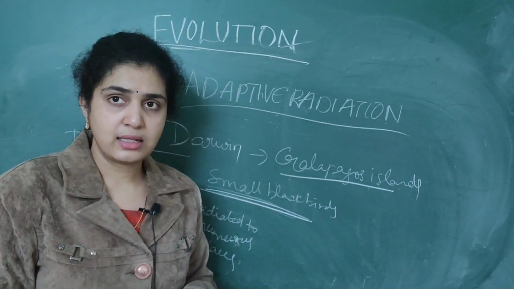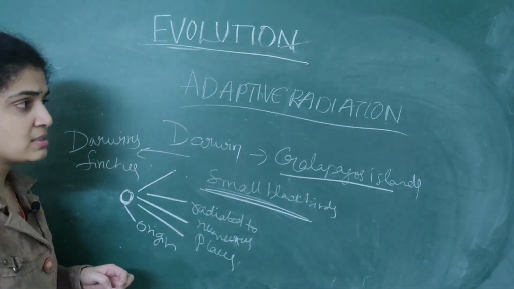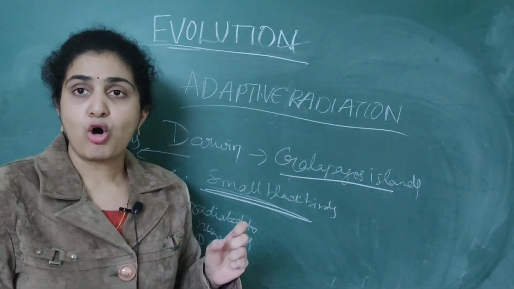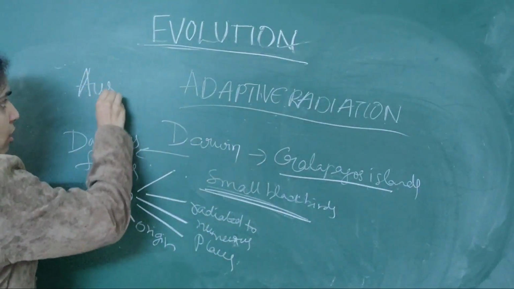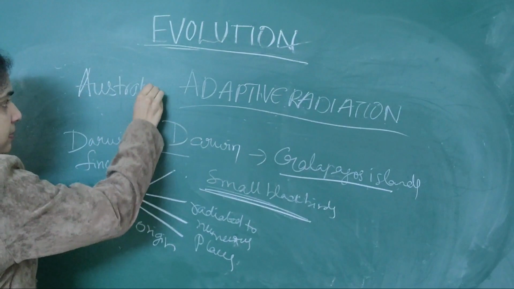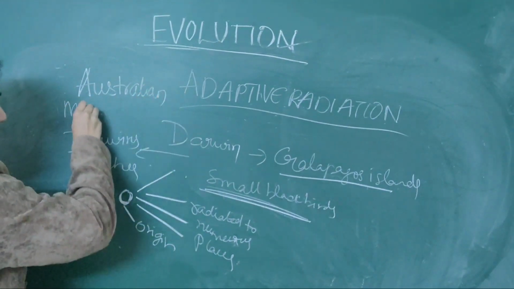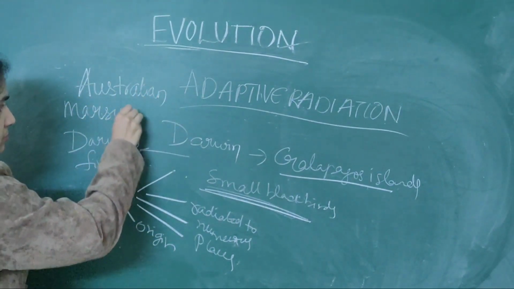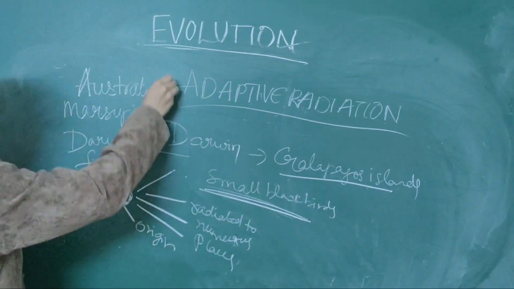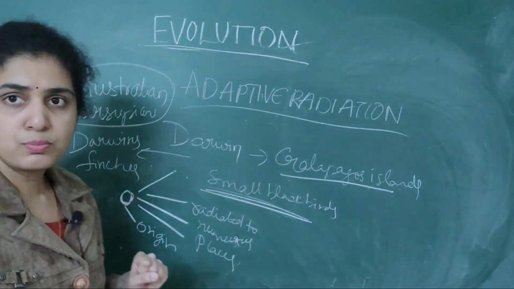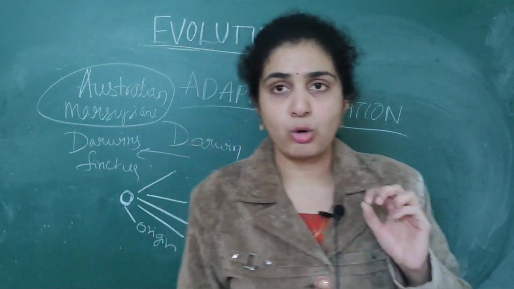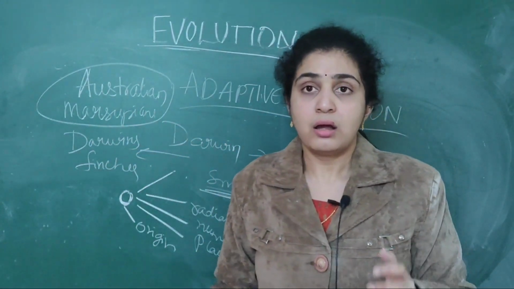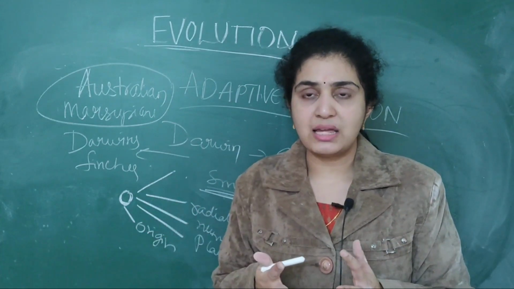Then another important example is mammals, Australian marsupials. Australian marsupials are also adaptive radiation. They originated in Australia, but they moved to different places.